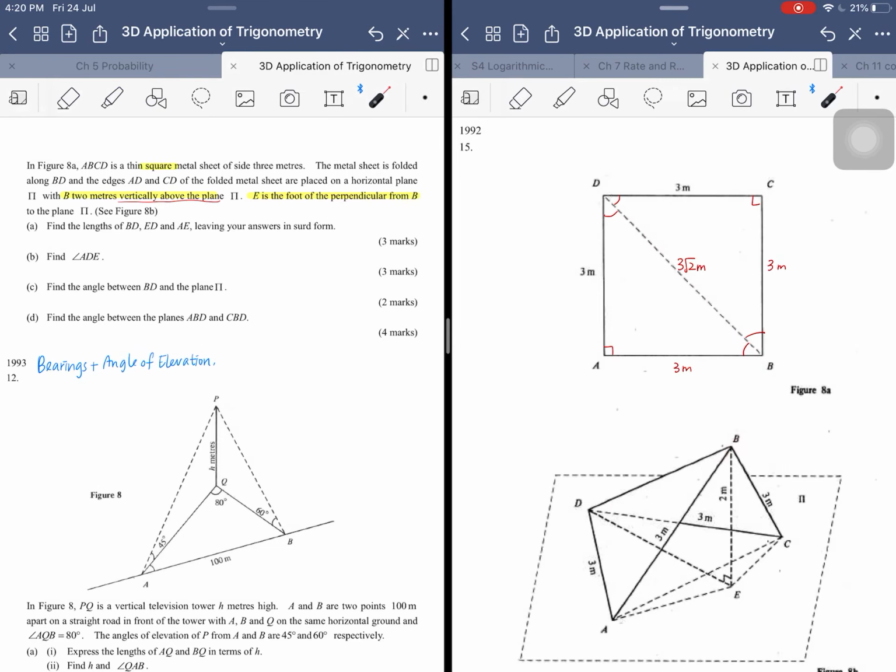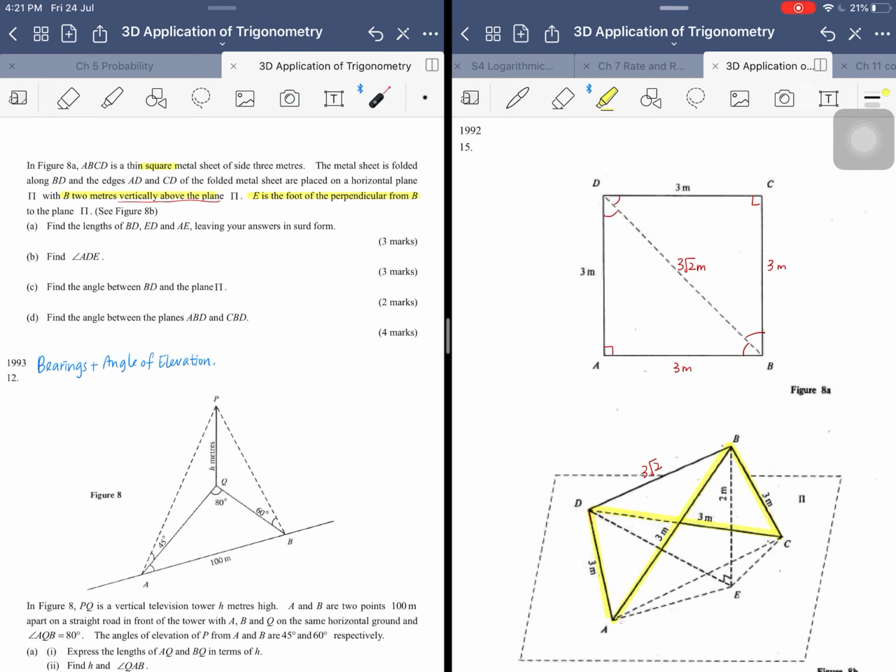We know its length actually. So we need to transfer this information that we know from one diagram to the other, okay? So we know AD, let me highlight it just to make sure we're clear about which ones are 3s, okay? So the sides of the square are 3 meters, okay?